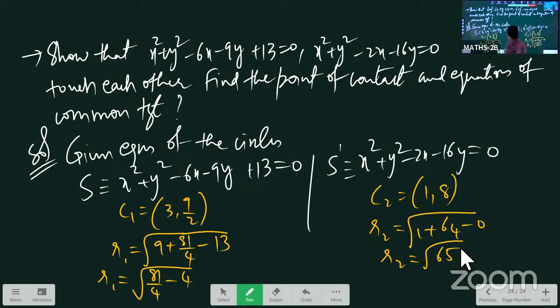Yeah, here I will make a conclusion. R1 is root 65 by 2. Is it clear, everybody? Right. Now we got, same like previous sum, C1, R1, C2, R2. Now I'm going to check what is C1C2 equal to.